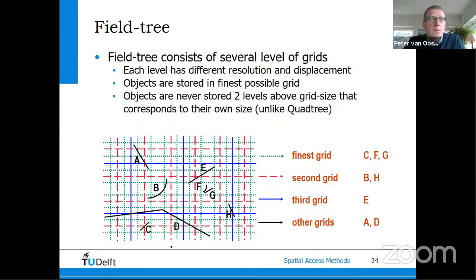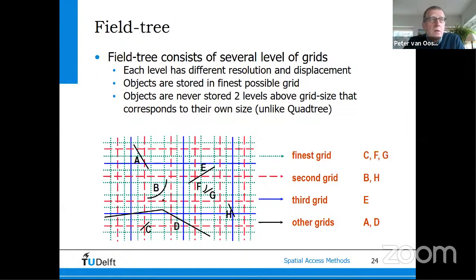So the field tree is a kind of adaptive grid that refines the grid in steps of 2. So starting from the most coarse grid, the second grid has its edge length halved, but also the origin is shifted. And why is that?